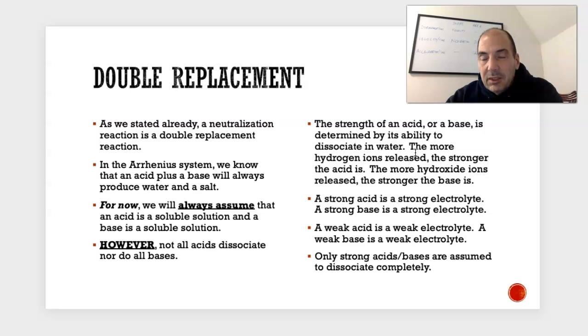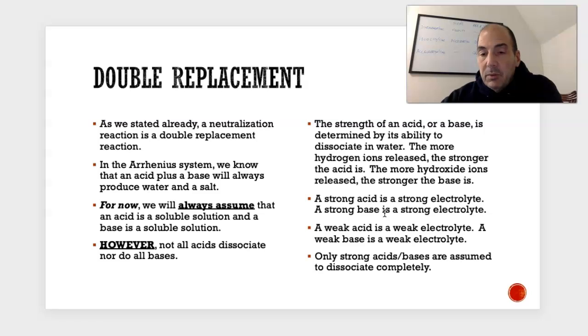So really, in a way, a strong acid is something that has weak bonds so that the hydrogens come off easier. That's something we'll circle back to way later in the year. A strong acid is a strong electrolyte. That's why we call it a strong acid. It's excellent at conducting electricity. Same thing with a strong base. A weak acid is a weak electrolyte.